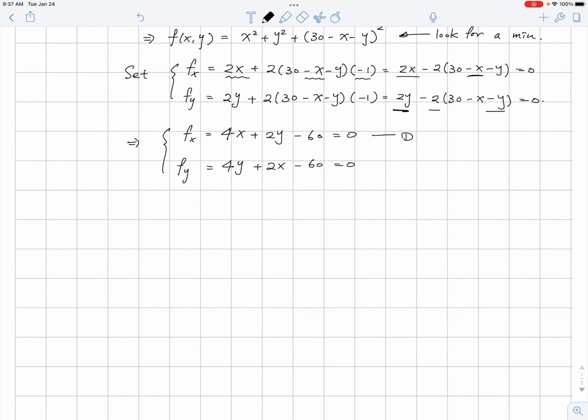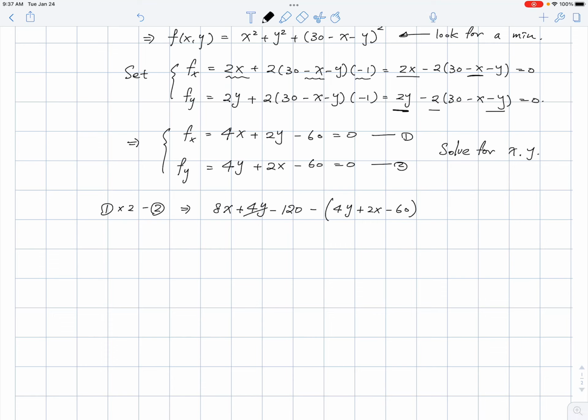All right, so now we solve for x and y. Let me do equation 1 times 2 minus equation 2. So what do we have? 8x plus 4y minus 120, minus (4y plus 2x minus 60).